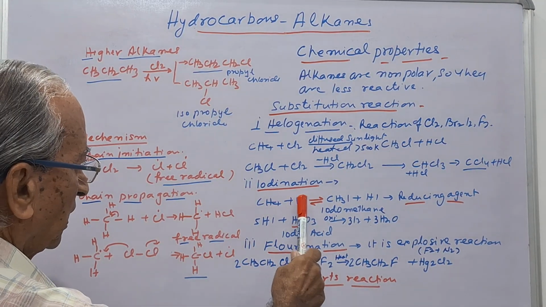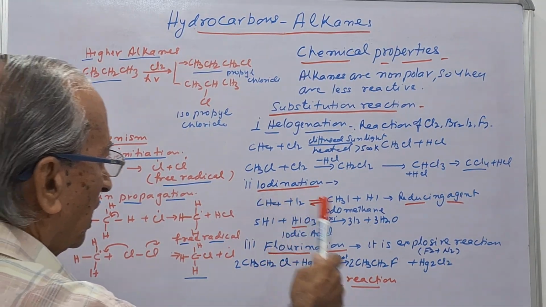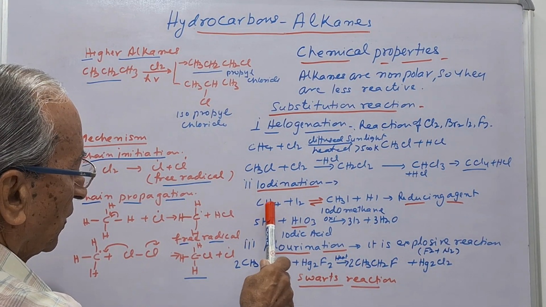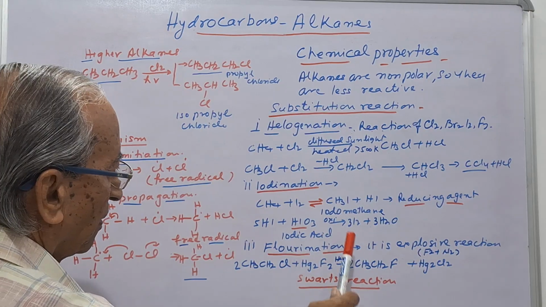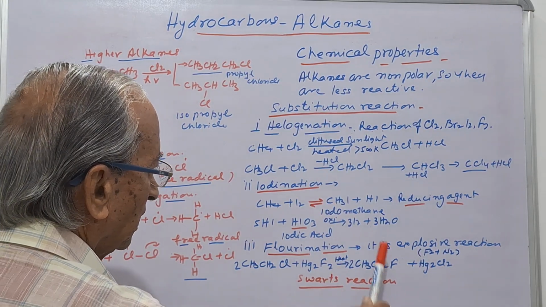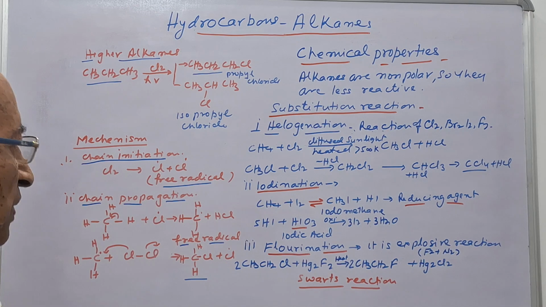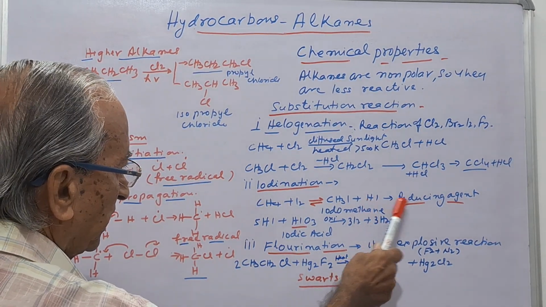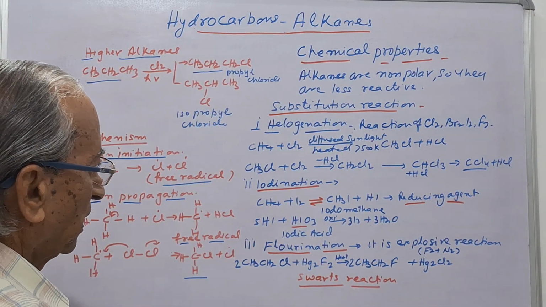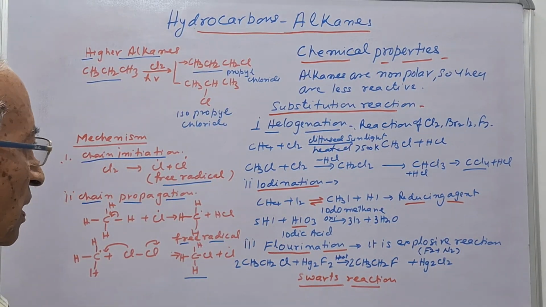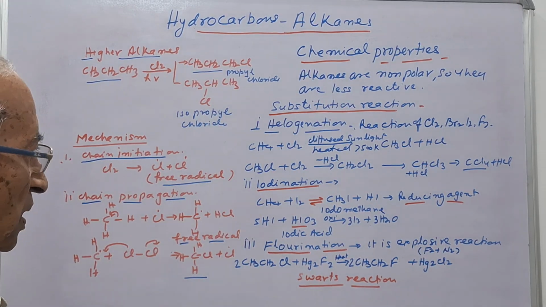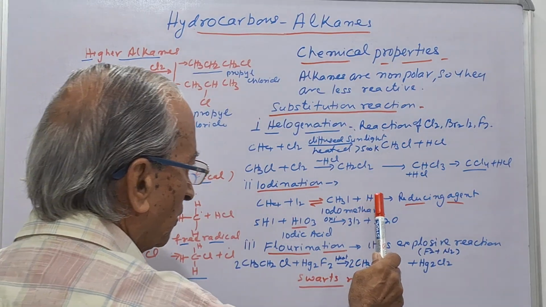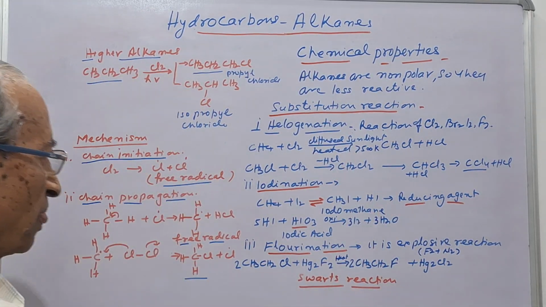But in the case of the reaction with iodine, that is iodination, when methane reacts with iodine, it forms first iodomethane and HI. It is not an important reaction because here HI is a reducing agent and this reaction will become reversible in nature. So first we have to remove HI or we oxidize the HI.